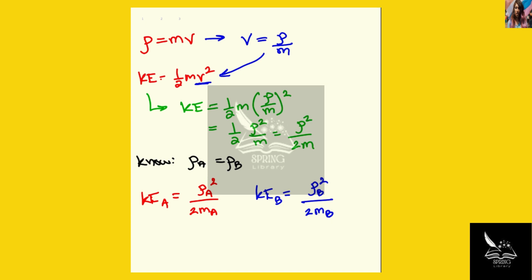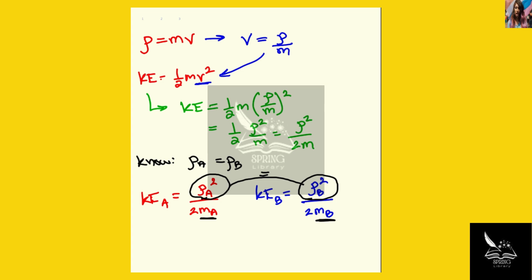Now, we know that the momentum in both cases are equal. That's given. So these two top terms are equal. However, mass A and mass B can be any real numbers.